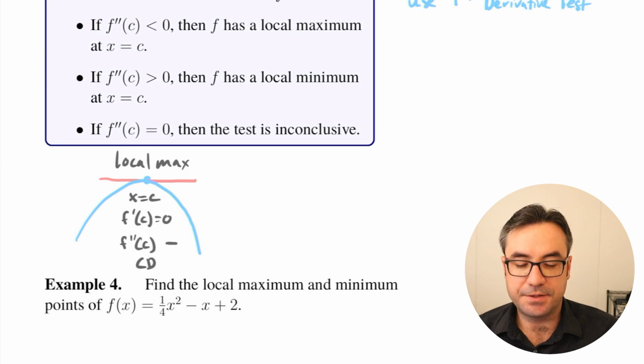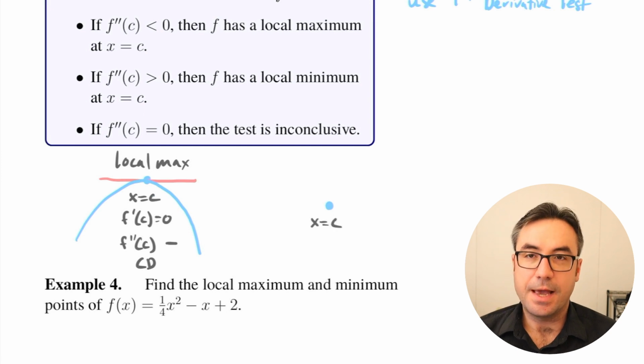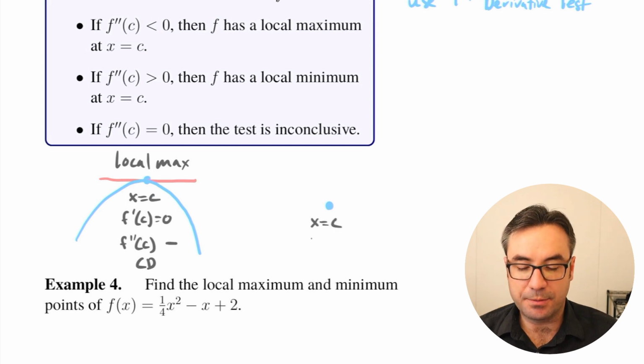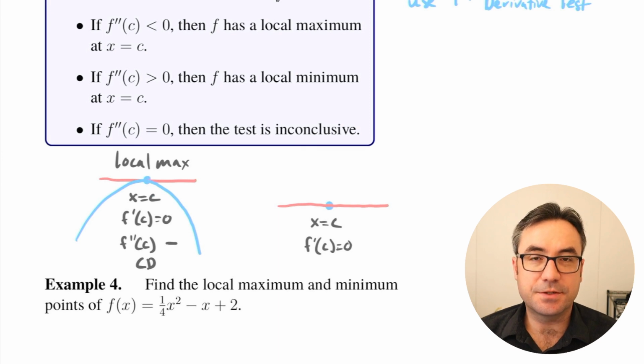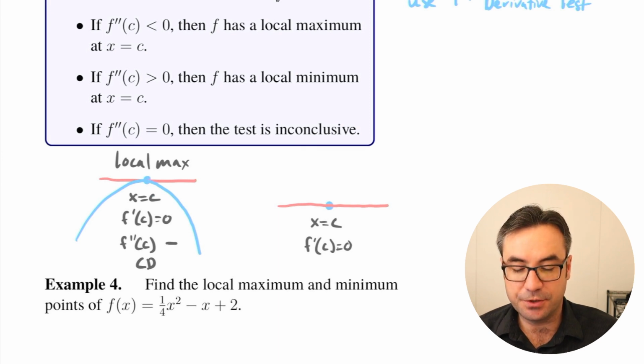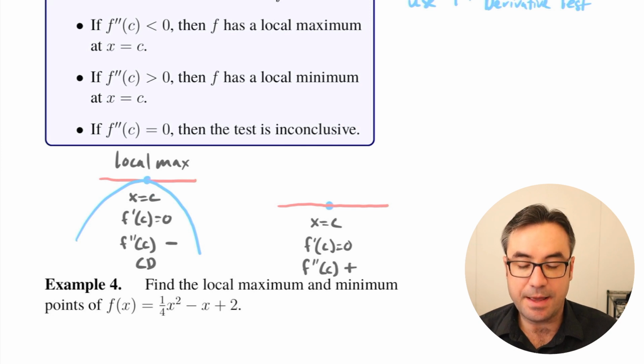Now in the other case, let's suppose that we had our critical number, x equals c. Again, it's a critical number, so the first derivative is 0 there. That means we have a horizontal tangent line. Let's say we were to take this critical number and plug it into the second derivative, and we got a positive value.